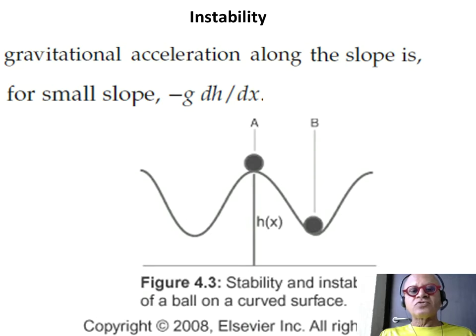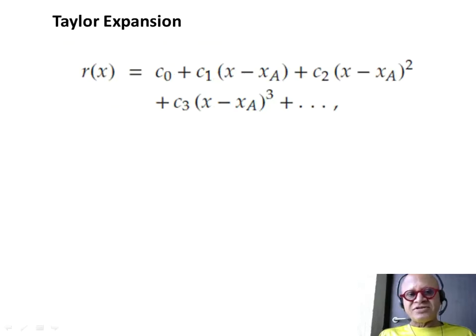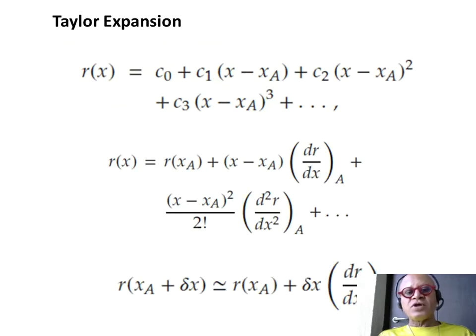Why? Because we are going to look at this situation: there is a slope, and then there is a slope of the slope. If you go from here to here, you go from a positive slope, because as x increases h increases, to a negative slope, because as x increases h decreases. That's where we are headed with this.